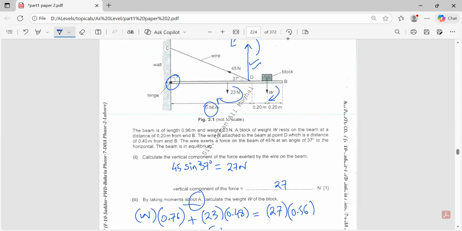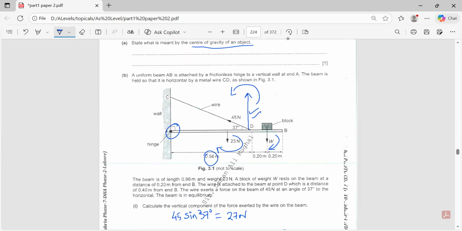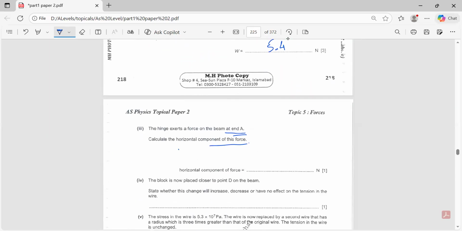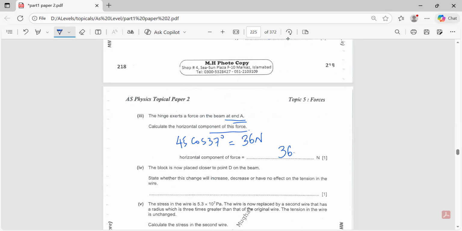So what will be the horizontal component of the force? It is similar, 45 cos of 37. So that component of the force will be equal to 45 cos of 37 degree. So 45 cos of 37 is equivalent to 36 Newton. So the horizontal component of the force will be 36 Newton.